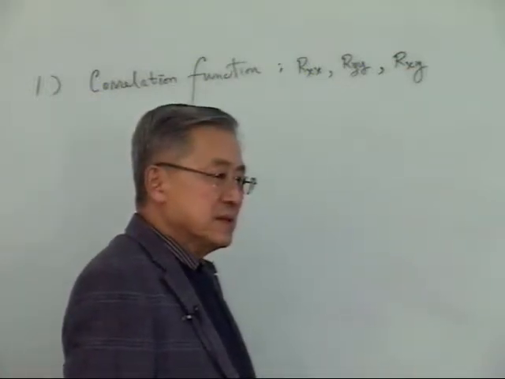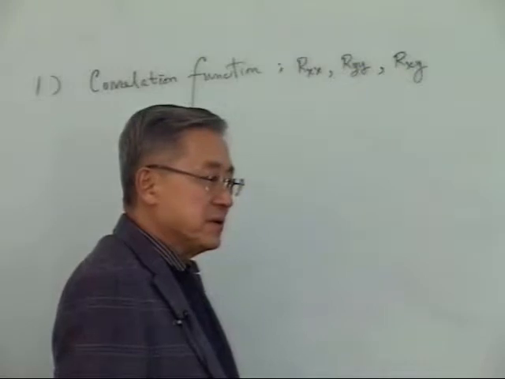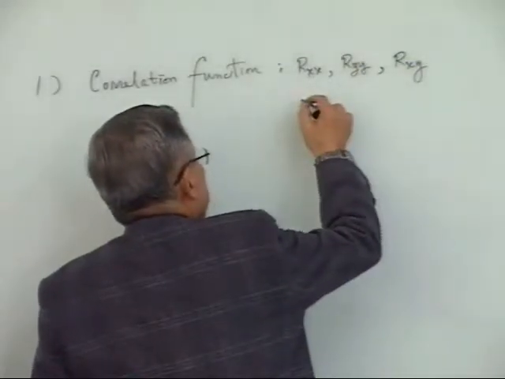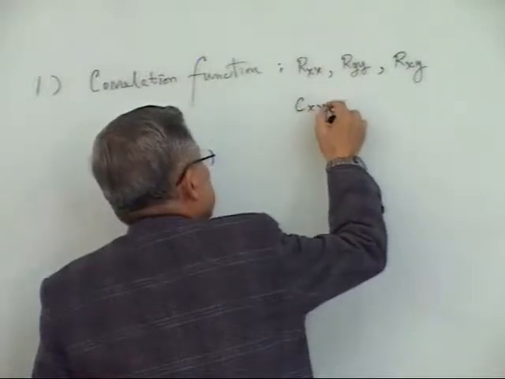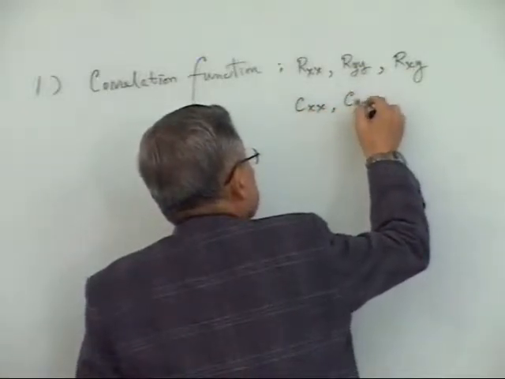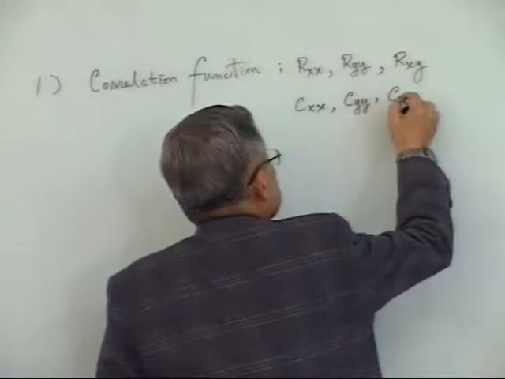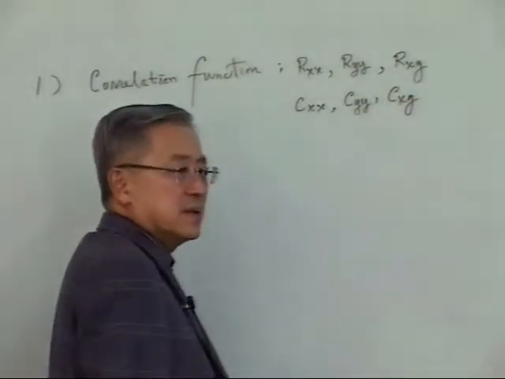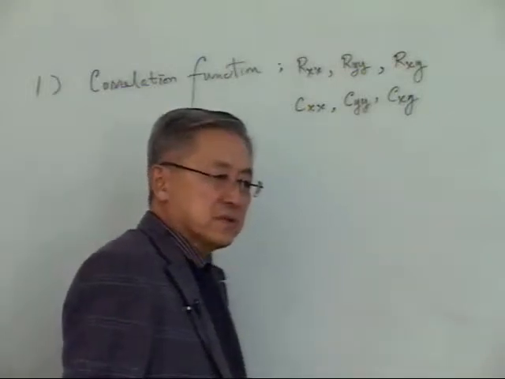Okay? And another set, all time domain, CXX, CYY, CXY. That's called the covariance function.